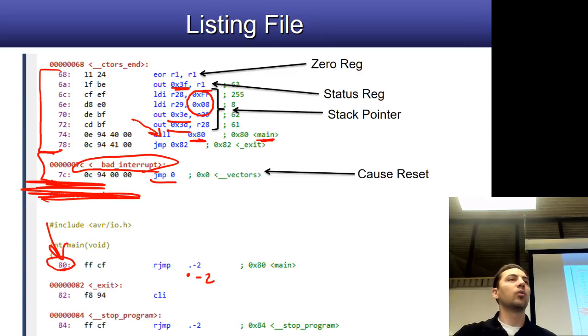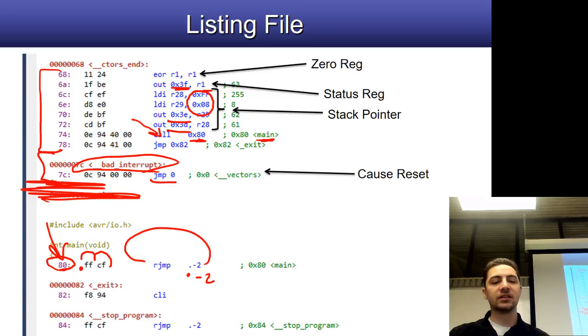Dot stands for wherever we are right now. -2 says wherever we are right now, minus 2. So since after executing this instruction, we're after CF, going back 2 bytes brings us to that again. So there's our jump-here instruction. All that extra stuff eventually leads its way to a loop that does nothing. It just stays looping here forever.